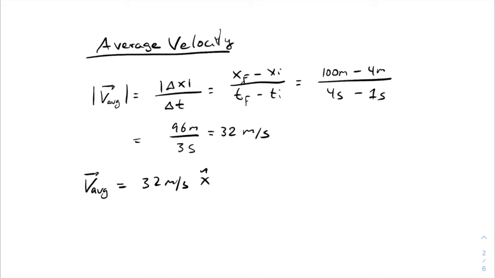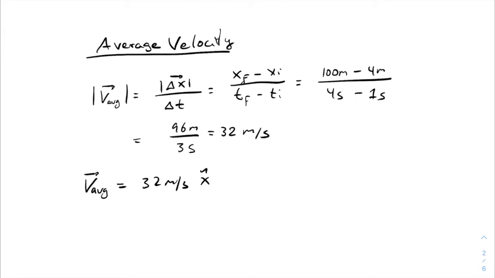Meaning, mathematically we can say that the average velocity is the magnitude of this vector, which is equal to the magnitude of the vector of displacement divided by the difference in time, which is equal to the final position minus the initial position divided by the final time minus the initial time.